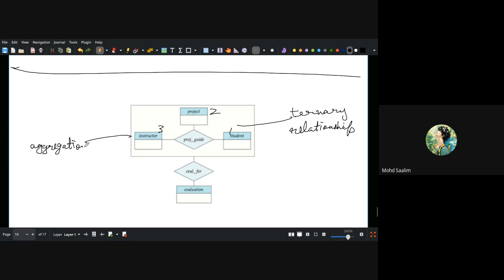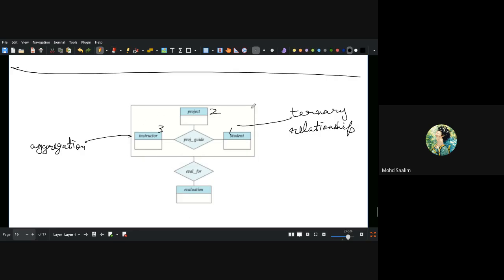You see what you can do? You can treat this whole relationship as a single entity set. Whatever is present in this project guide, you can treat that as a single entity, and you can further make relationships. So you can see what we are doing.